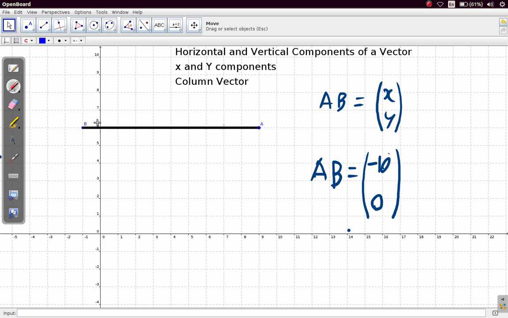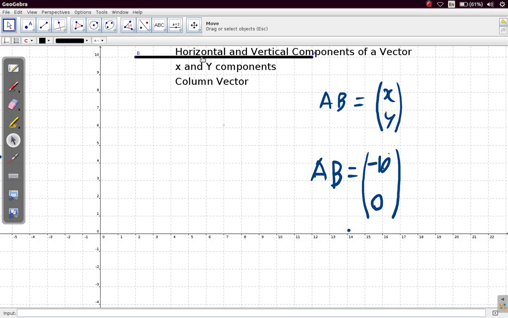Alright, just one more now. One more look at this situation. Suppose you have a situation like this. You have A down here and B up here. What would be the horizontal component as you move from A to B?